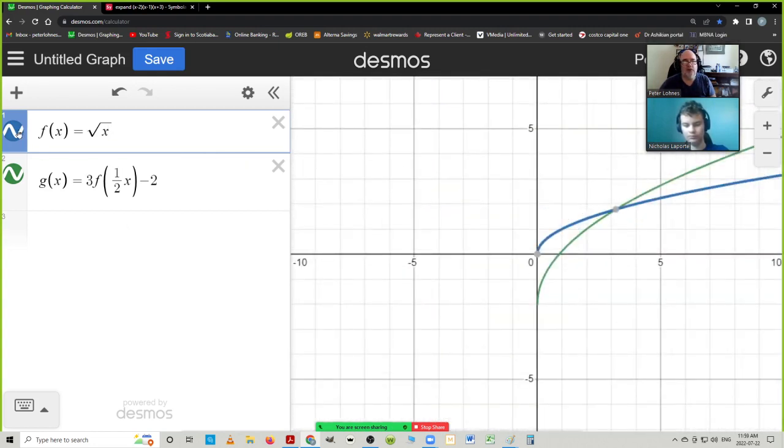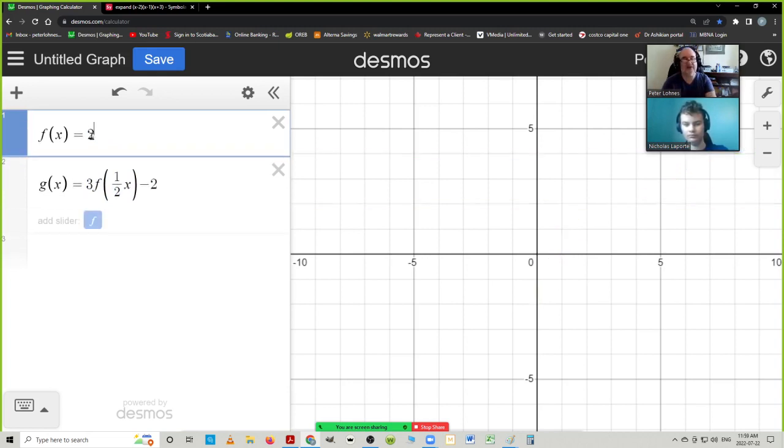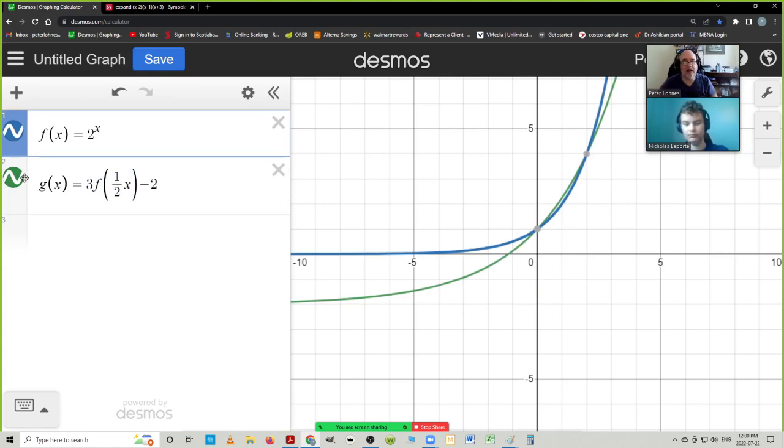So the blue is the original graph, and the g is the transformations applied to whatever I told it f of x was. Even if it's 2 to the power of x, my green is a transformative tool. Take whatever f of x is and apply these transformations, and that's my g of x.